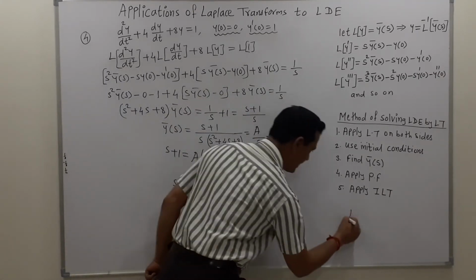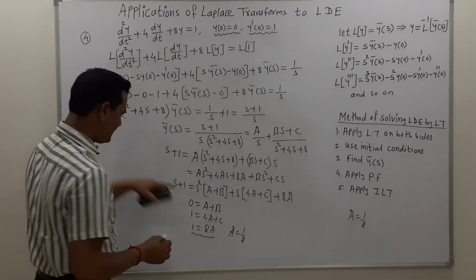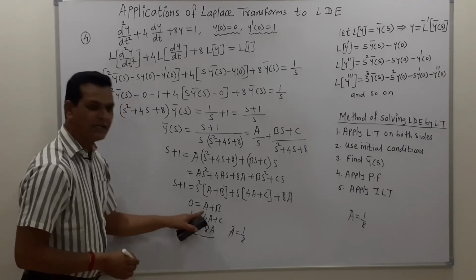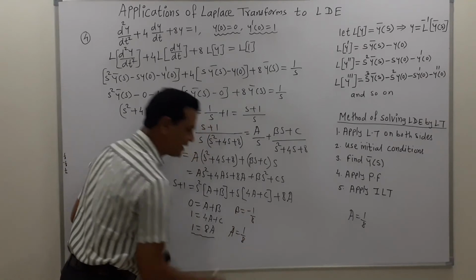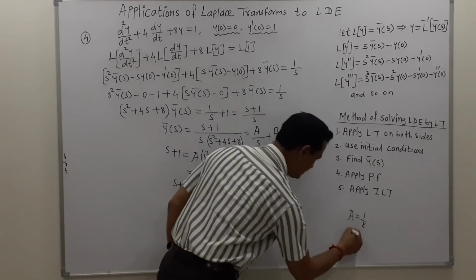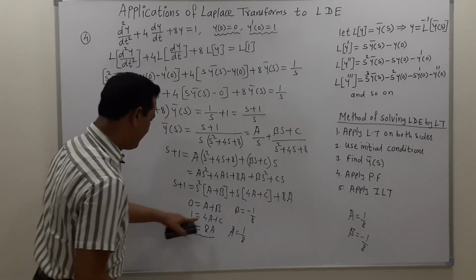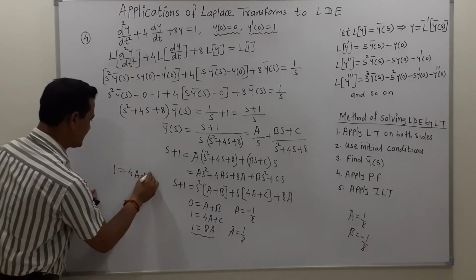From the first equation, if a is equal to 1 upon 8, then we get the value of b, so b is equal to minus 1 upon 8. Now find the value of c. So 1 is equal to 4a plus c.